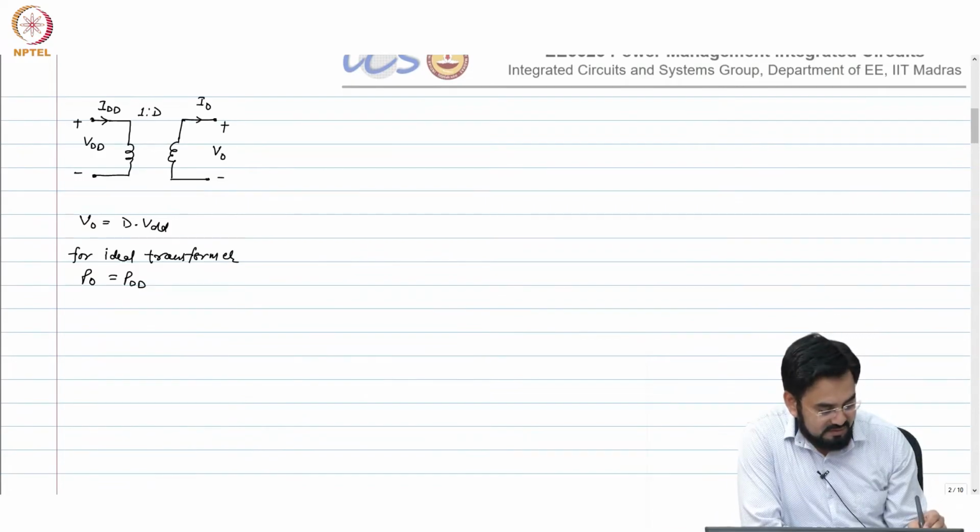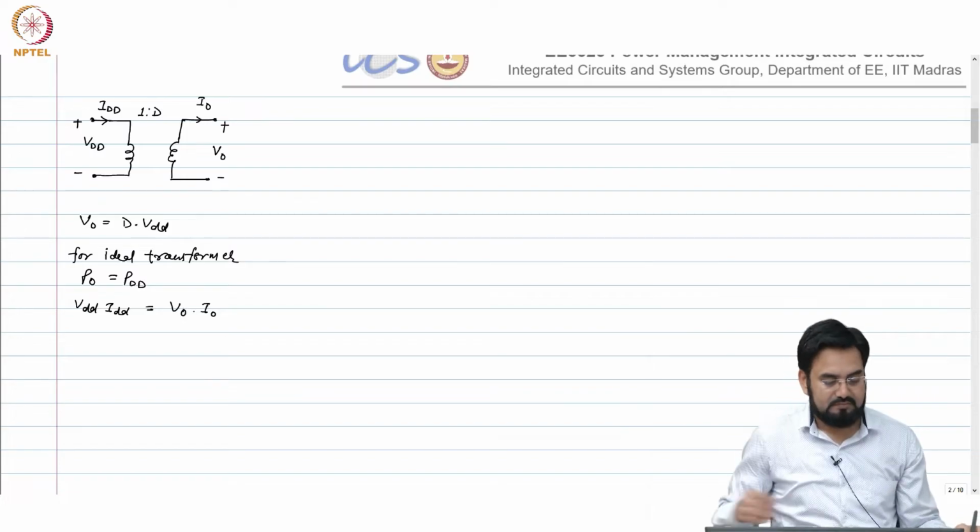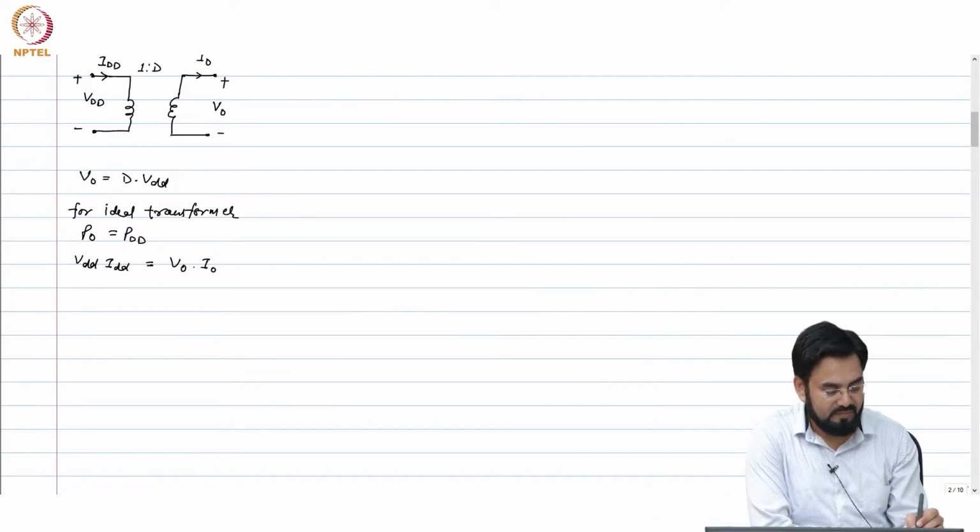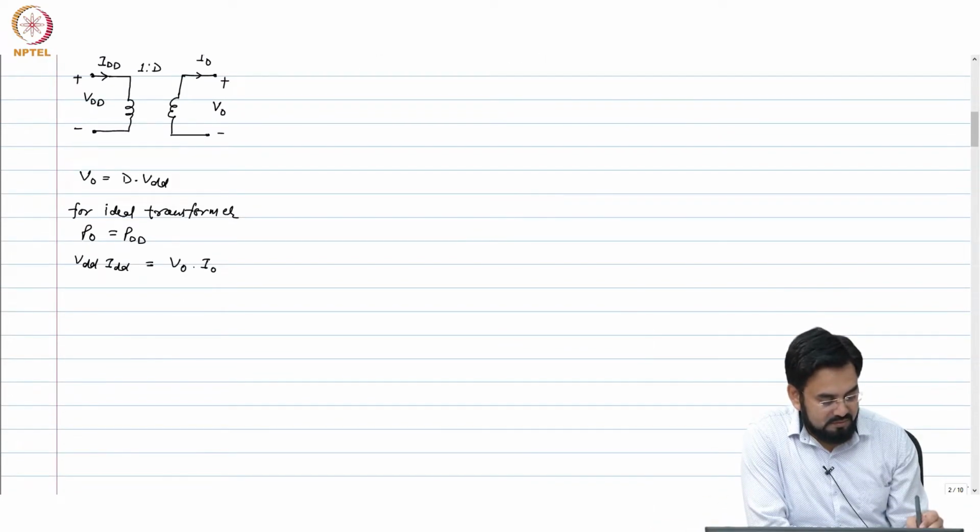Which means VDD times IDD equals V out times I out. So, we know V out is D times VDD. So, what is IDD? D times I out.